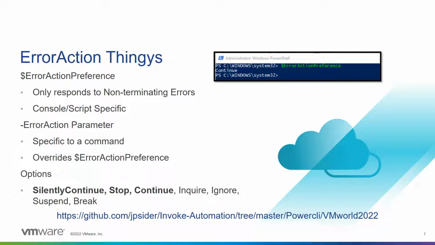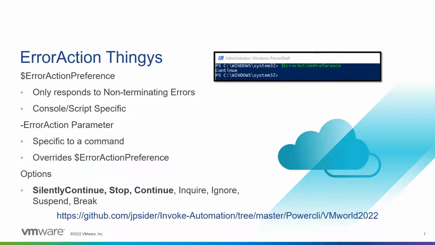Useful information to know. The options you have for the ErrorAction parameter and the ErrorActionPreference are SilentlyContinue, Stop, Continue, right? It's going to tell you, but it's not going to be silent. And then you have Inquire, Ignore, Suspend, and Break.